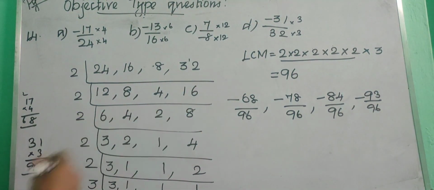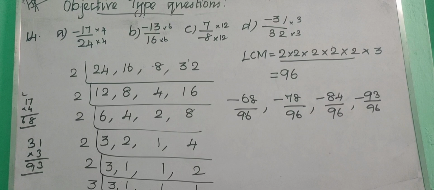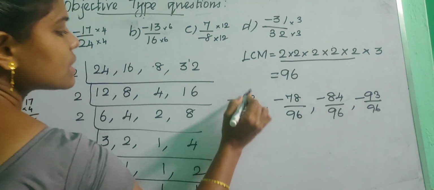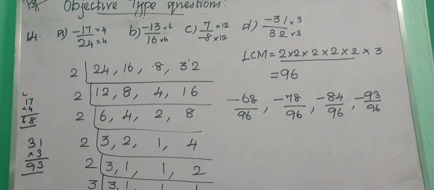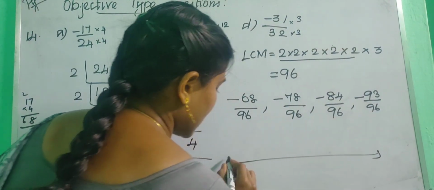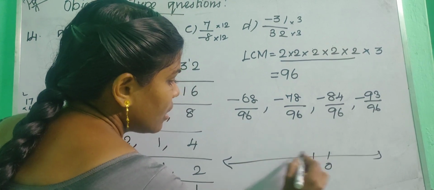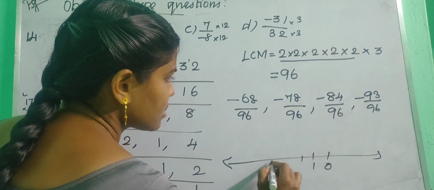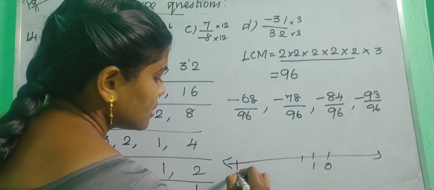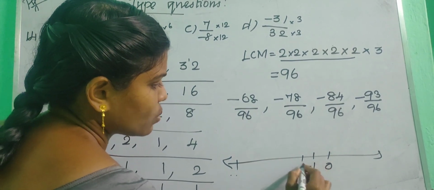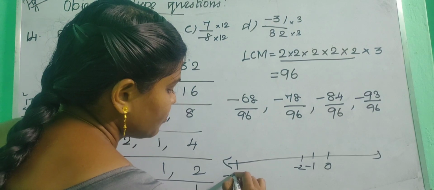Okay children, so now say which is greater. In the negative rational numbers, the smallest one is the greatest one, right? We know, if you have a number line, here 0 and here you will have 1. Moving on, at the end we will have the greatest number, minus 1, minus 2, likewise minus 10.